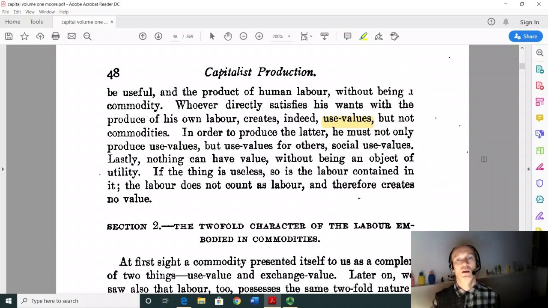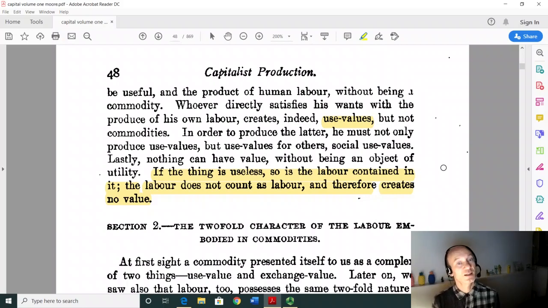Now, if the thing is useless, and this is also a very important and sad experience, I may perhaps produce something with my labor, so it is a product of labor, and I'm thinking of it as a commodity because I would like to sell it, but then nobody buys it. Nobody recognizes or appreciates the utility of the thing that I have produced.